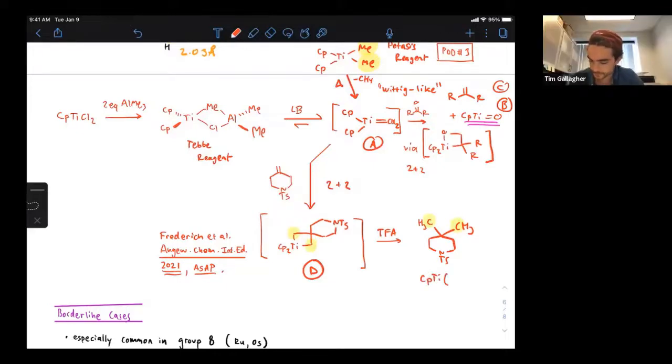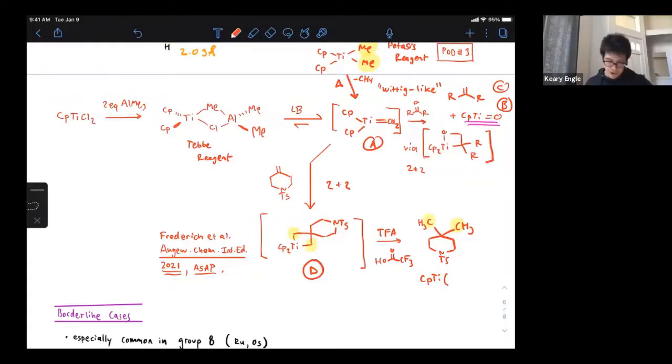I'm trying to remember the structure of TFA. Would it form some eta-3 kind of allyl type, or just Cp2Ti(TFA)2? I think you're on, yeah, exactly. First you were overcomplicating it, and then you got there. So just like the starting material now, but with TFAs having replaced, in the net, the chlorides.